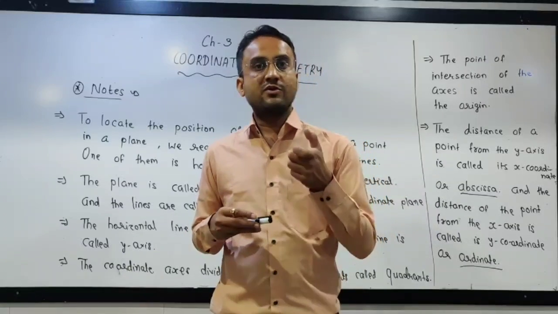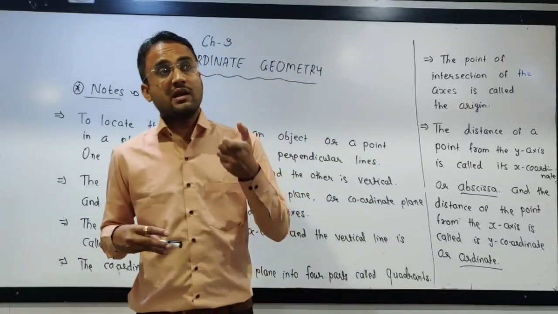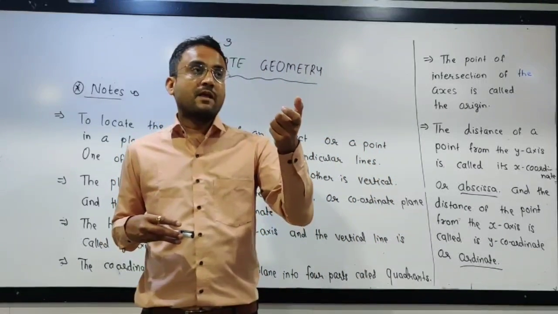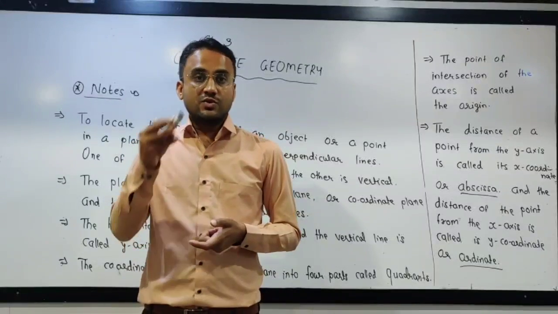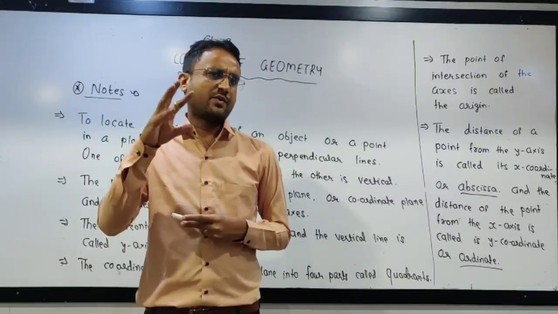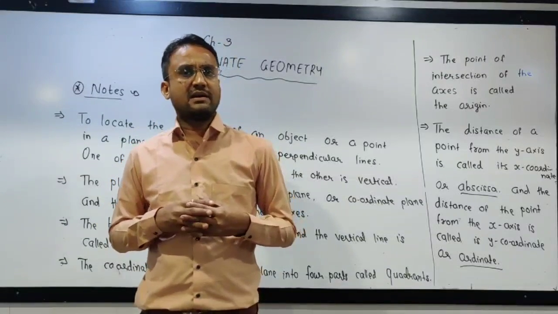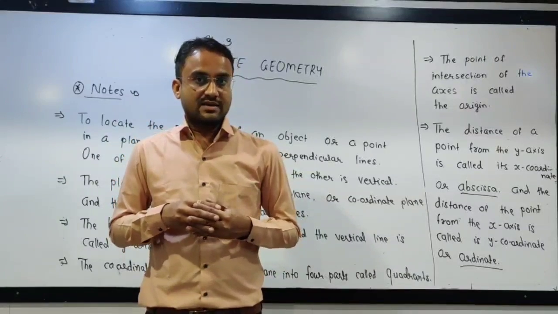A pizza boy should know the address, right? If I want to deliver the pizza to that house, that house was mapped, right? You all are using Google Maps, clear? So first of all, we need to know the address.